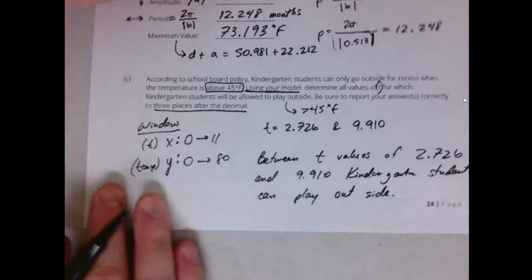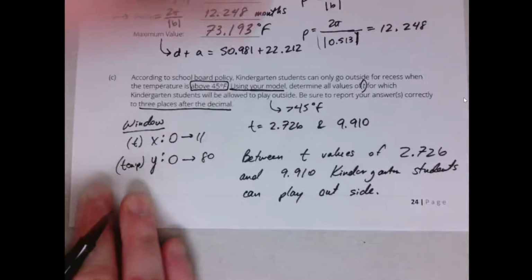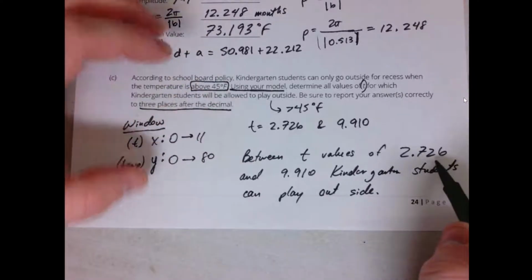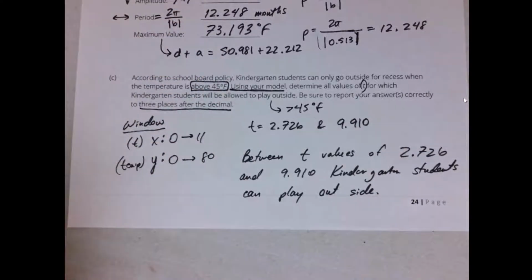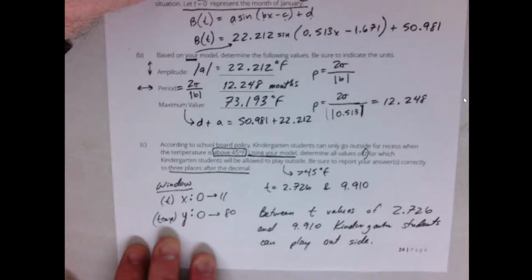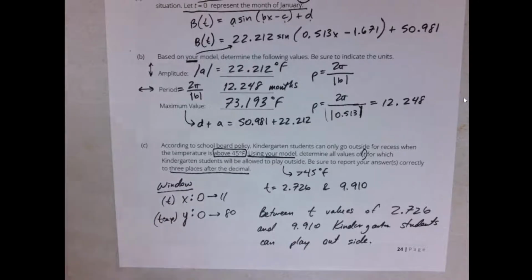And there's my final full answer with my two values rounded to 3 decimal places and described in context. So here I'll show you a snapshot of the whole thing now. And there's the whole problem with full credit being given on all parts.